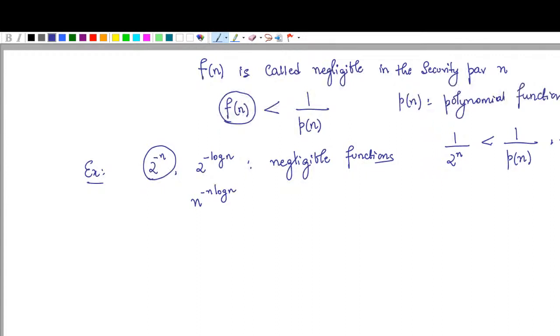Of course, for some starting value of n onwards.